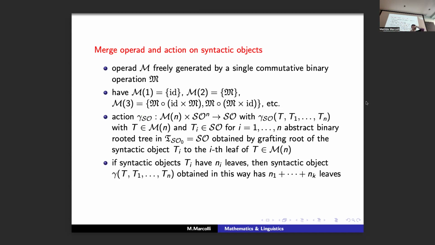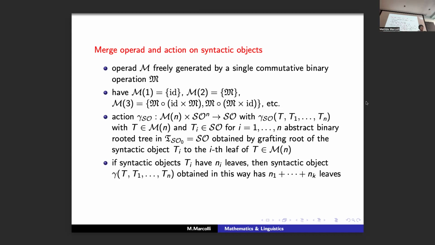But with nothing labeled anywhere. They are just binary rooted trees where whenever you have an internal vertex, it means that you are applying this operation once. So they are templates for how you apply it: the structure of the tree tells you the order in which you are applying this same operation over and over again.